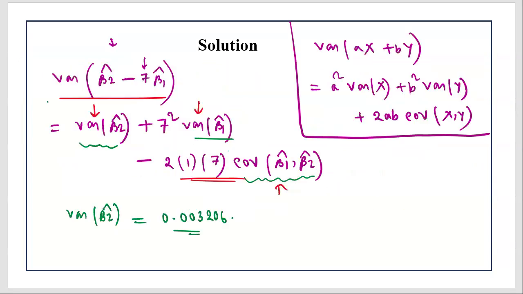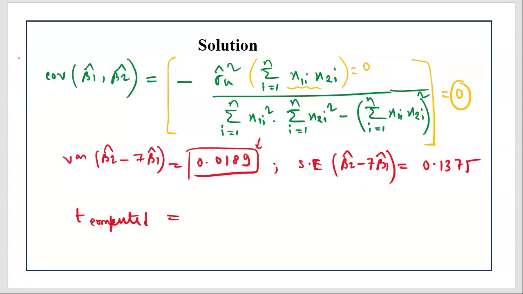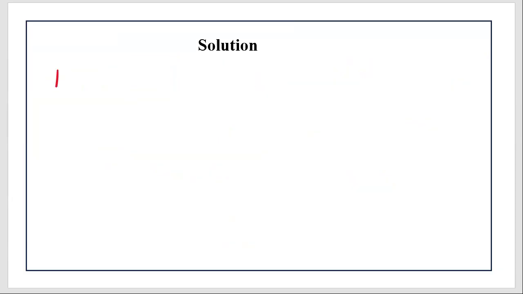In the numerator, you will have this value, because this term is zero, and this we have already calculated, minus 0.33. So minus 0.33, and in the denominator you will have 0.1375. If you do that, you will find this to be minus 2.3993.